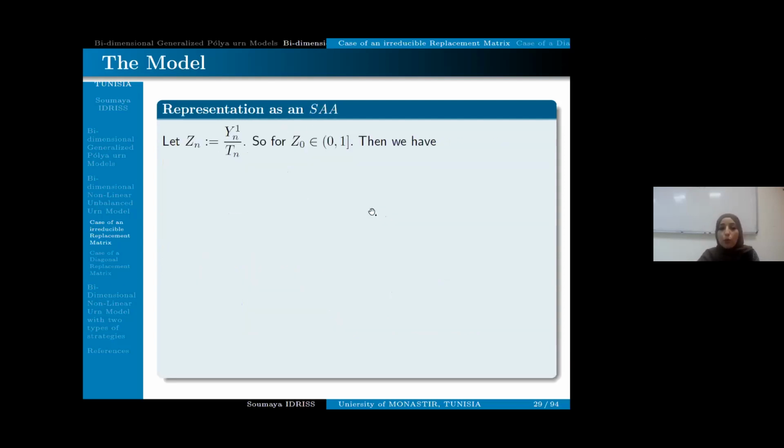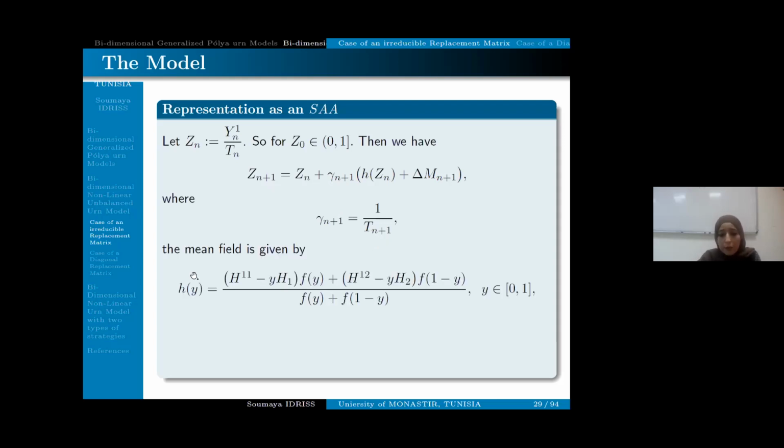So henceforth, we will set Zn to be the proportion of balls of type 1. Then Zn satisfies this recursion, where gamma n is given by 1 over Tn, the total number of balls. The mean field function h is given by this form, and delta Mn is an adapted martingale difference.